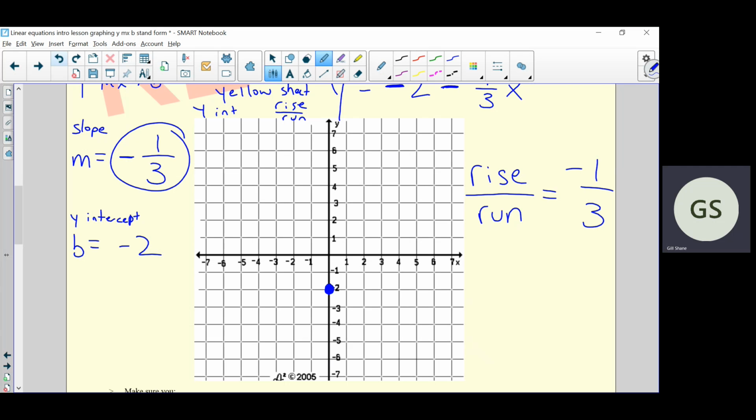If you didn't write this down, I have it on another slide. I'm just going to write it right here. If it is a positive run, then you count right. Negative run, and you almost never have a negative run, by the way, if you do it the way I've told you to do it. So that makes it pretty easy because you know you're always going to count right.